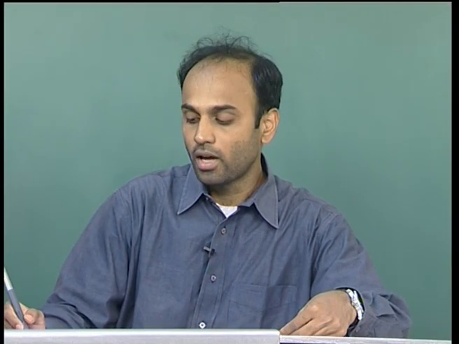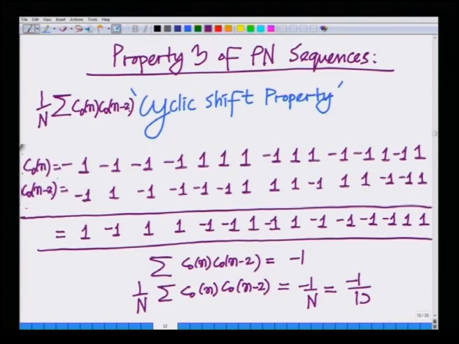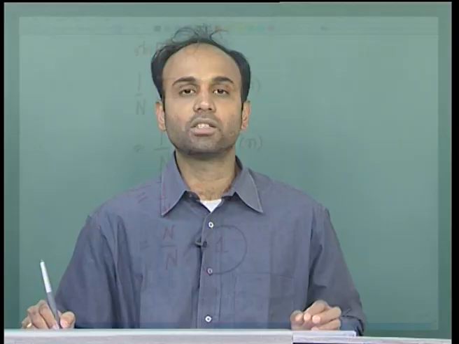So, C0 n into the shifted, which is C0 of n itself, which is 1 over n summation C0 square of n, which is now, if you look at it, each C0 of n is either plus 1 or minus 1. In both cases, C0 square of n is 1 itself. Hence, summation C0 square is nothing but 1 over n summation of 1, which is essentially n over n, which is equal to 1. So, now we have a much clear picture of the correlation structure.